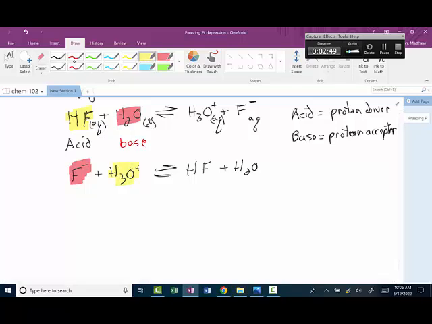You know it did this because when you look at the other side, the F minus became HF and the H3O plus became H2O. Same up here, HF became F minus on the top reaction, and H2O became H3O plus. So the only way that can happen is if a proton transfers from the HF to the H2O, or the H3O plus to the F minus. But we don't write them backwards.